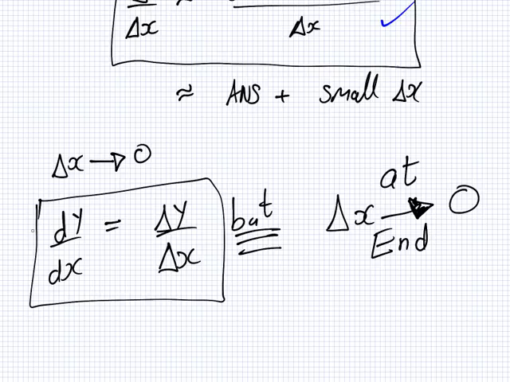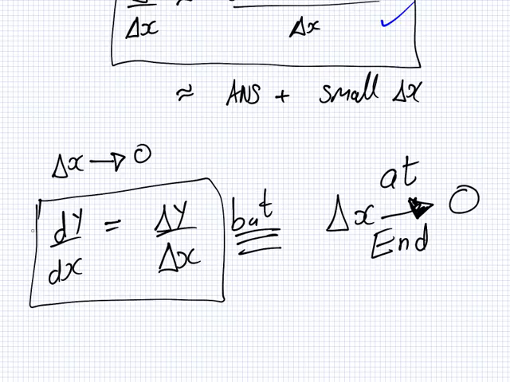So if I ask you for the first derivative, it means I want the exact answer, which means at the end you make the delta x go to 0, so that instead of a secant it becomes a tangent, which is what you care about.